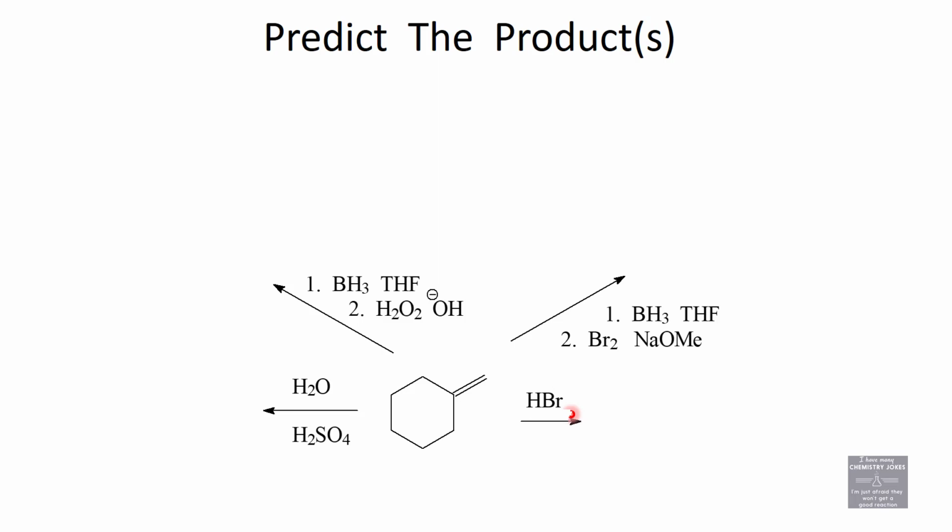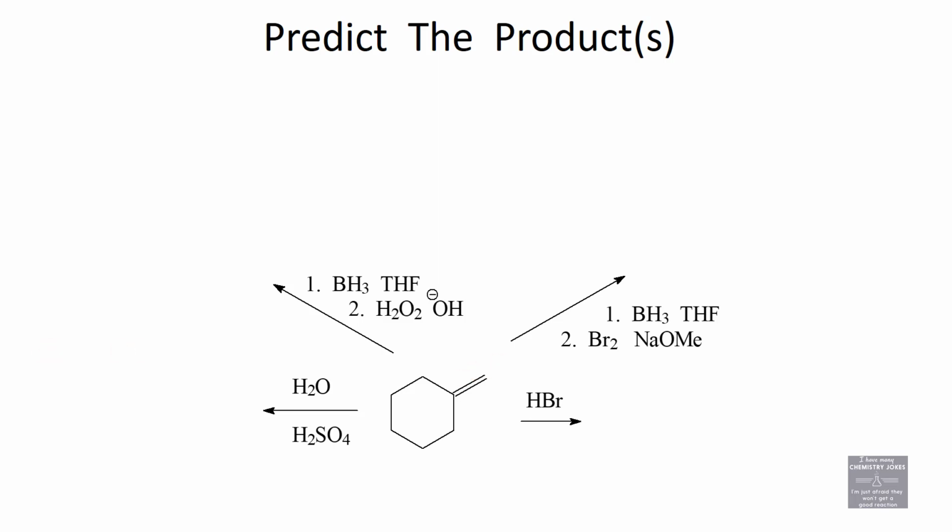I think you're probably feeling most confident about this bottom right reaction, so let's start there. We're not going to walk through the whole mechanism, but I'll talk you through it a bit. We're not going to draw it all. Alkene reacts with HBr. That's an acid addition to an alkene. It's going to go through a familiar intermediate known as a carbocation.